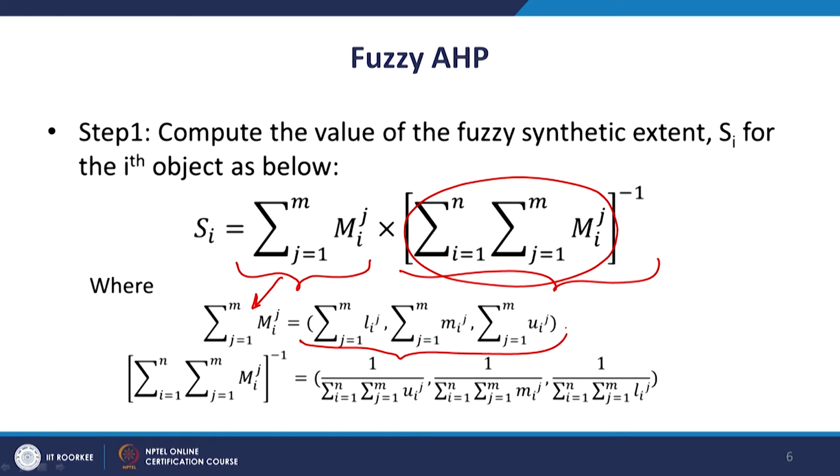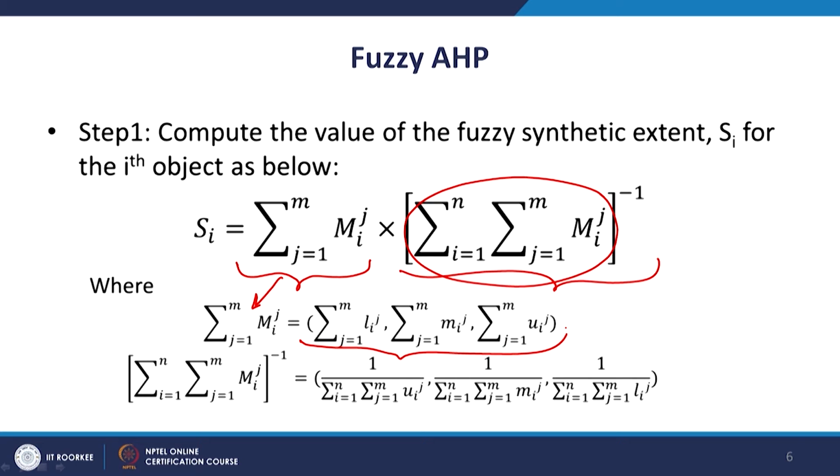Of the three parameters, the first parameter, corresponding to l, is going to become the summation of j equal to 1 to m of l i j, and then the second parameter is going to become the summation of j equal to 1 to m of m i j. This summation is over m goals, so these S values that we are computing are for each object. And the third parameter is the summation of j equal to 1 to m of u i j.